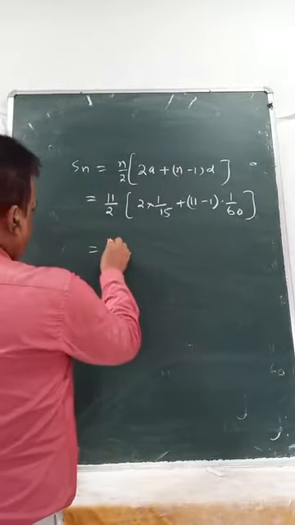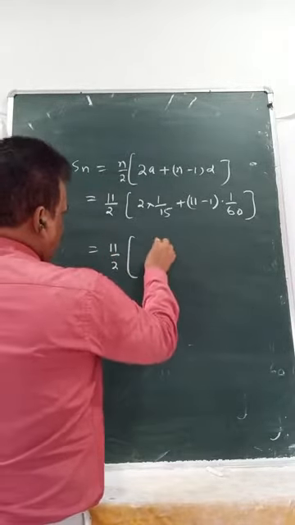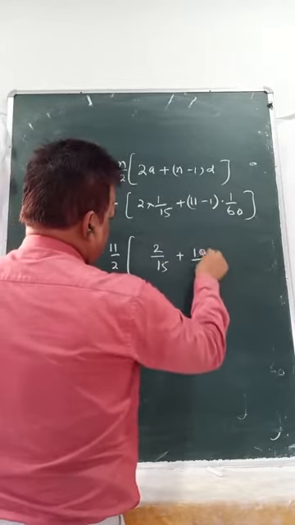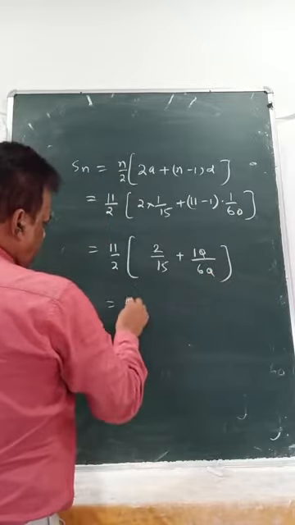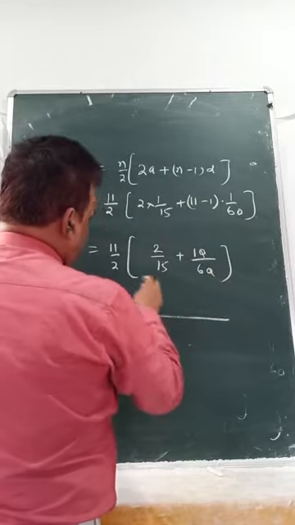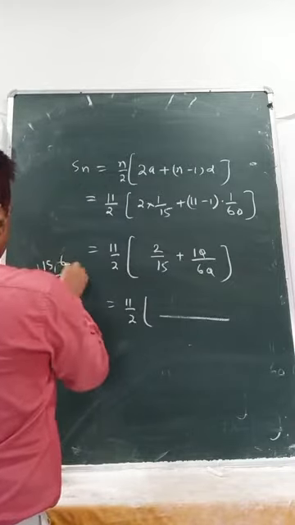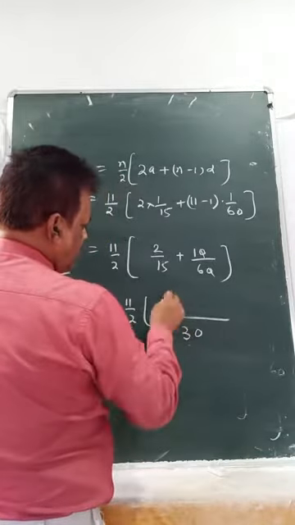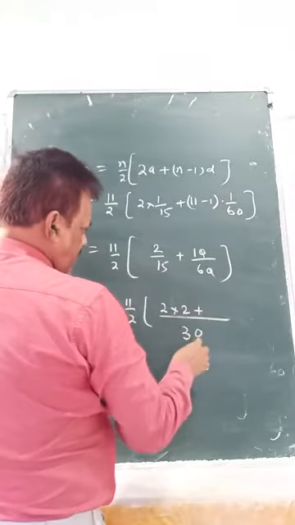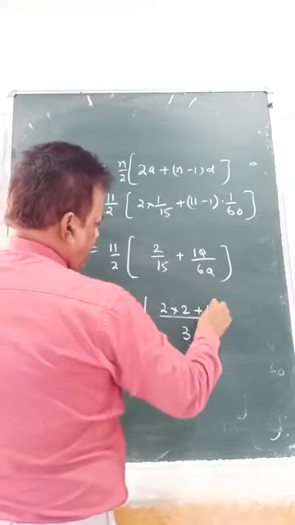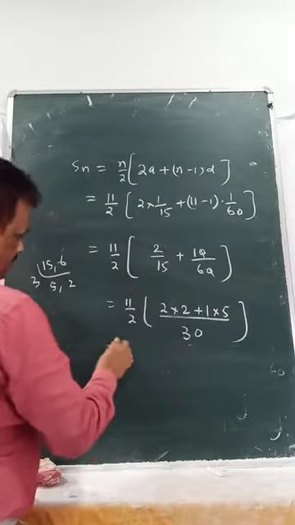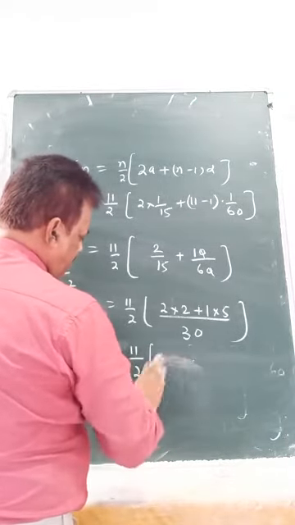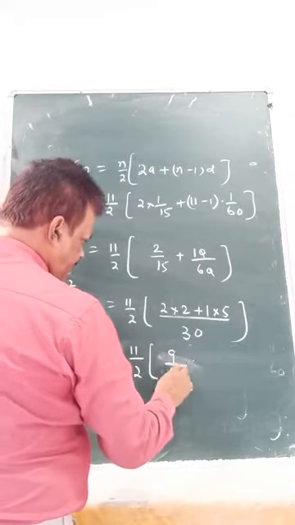That is 11 by 2 into 2 by 15 plus 10 by 60, zero cancels. 11 by 2, LCM of 15 and 6 is 3 times 5 times 2, so 30 is the LCM. 15 twos are 30, so 2 into 2. 6 fives are 30, so 1 into 5. 11 by 2 into 4 plus 5, directly write 9 by 30.